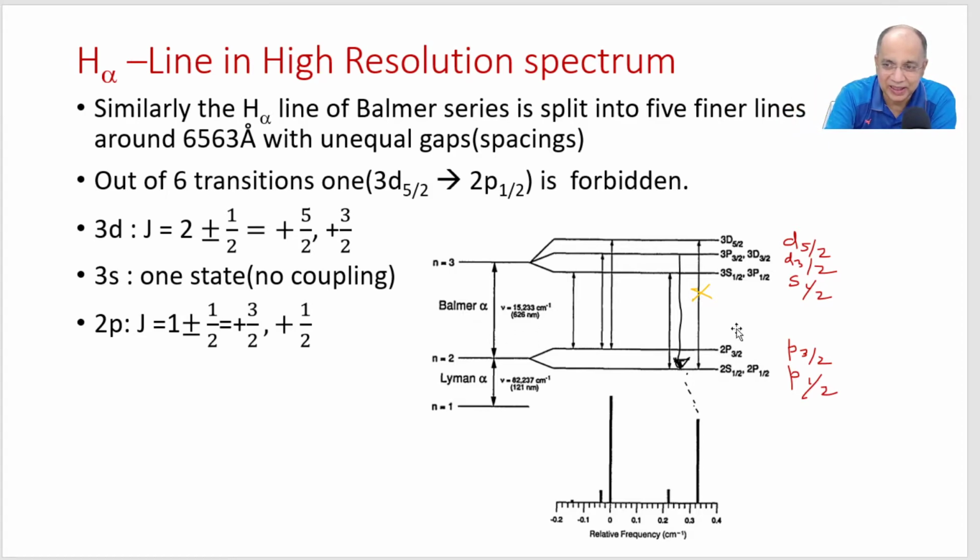Now see, I have written 3 by 2, but that the J value is also the same means, whether it is D or P, because they belong to the same cell, they are degenerate. It's not a magnetic field, so both will be together at the same level, that is D 3 by 2, and P also has 3 by 2 and 1 by 2. So this will be doubly degenerate, right? But one level.